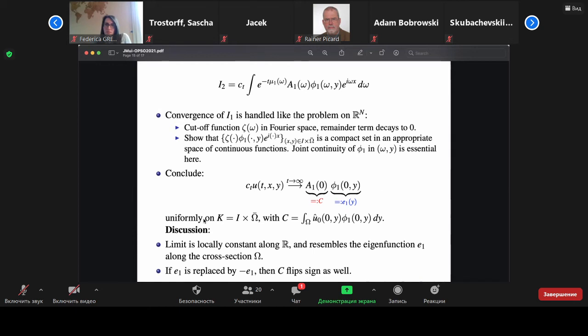What we notice, as I mentioned already, is that the limit is locally constant in the infinite direction, and it resembles the eigenfunction E1 along the cross-section. This is a rather pleasing result, I guess, because it's what you would expect heuristically.